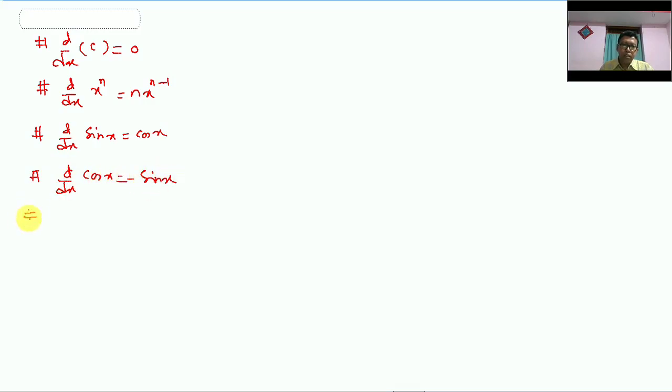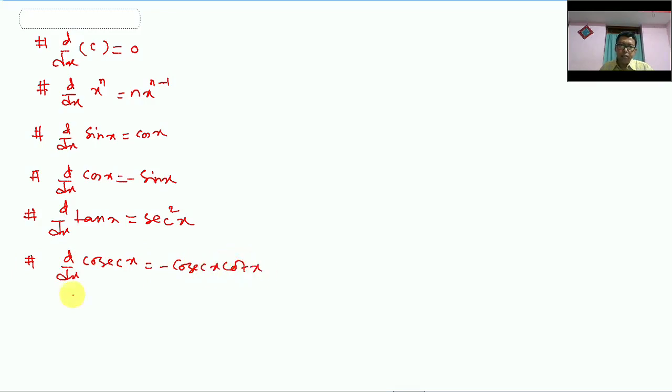Next, d/dx of tan x is equal to sec square x. d/dx of cosec x is equal to minus cosec x cot x. Next, d/dx of sec x is equal to sec x tan x.